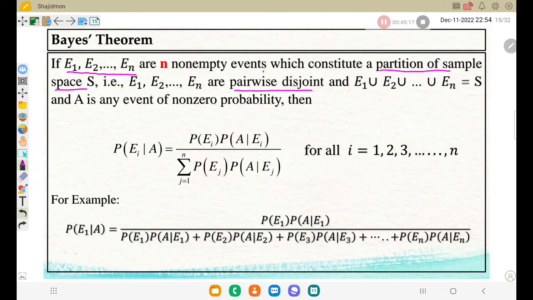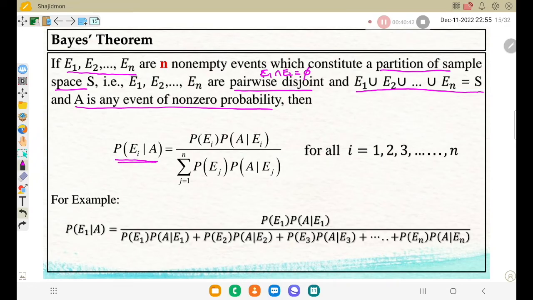Disjoint we have discussed already: E1 intersection E2 should be empty. Each pair, if you take the intersection, will be empty. That is the meaning of pairwise disjoint. And E1 union E2 union up to En, what will we get? Sample space. Now A is any event with non-zero probability.